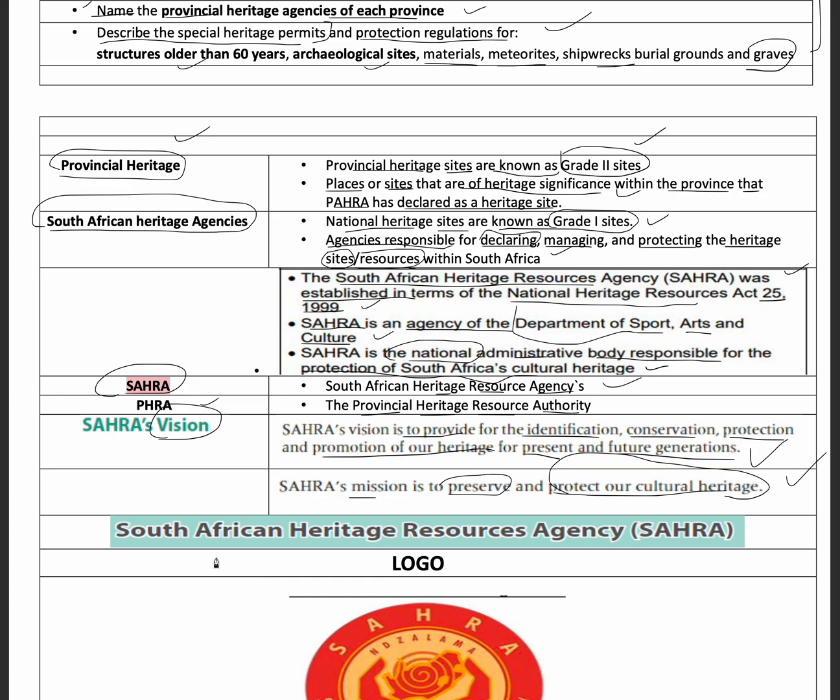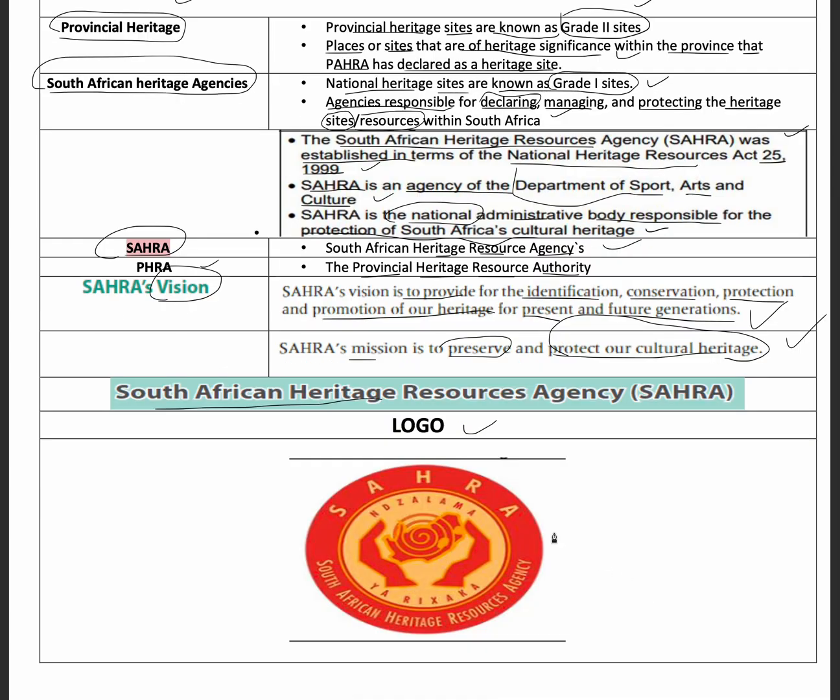So the South African Heritage Resource Agency, this is the logo of it. Please make sure that you are familiar with the logo. It has the abbreviation inside.